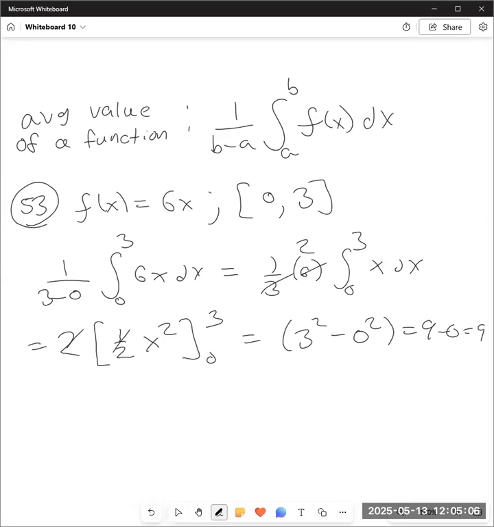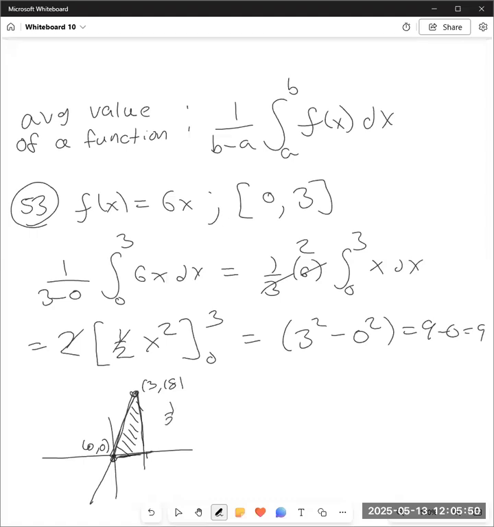So if I were to take all of this, 6x here, I'm just going to draw a picture this one time for you. And it goes from 0, 0 to 3, 18. And I had all of this region right here, and I wanted to turn all of that area into a rectangle with the same area. But I want the same base here. So let's figure out what the area of this triangle is right here.